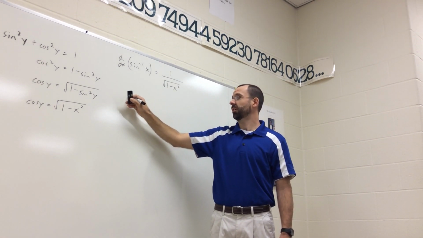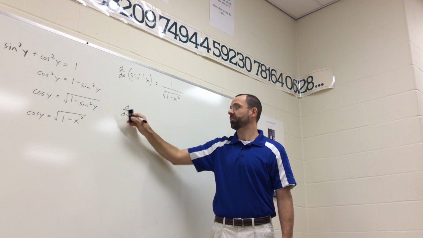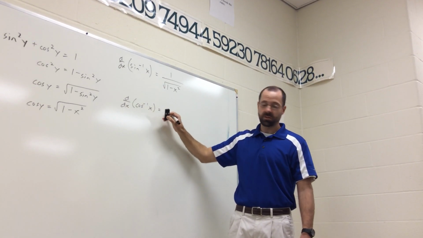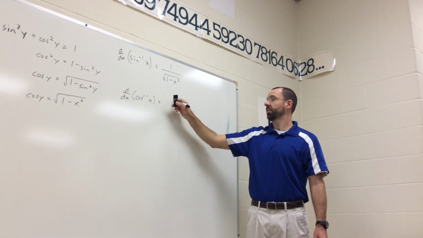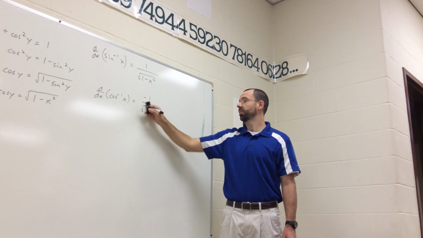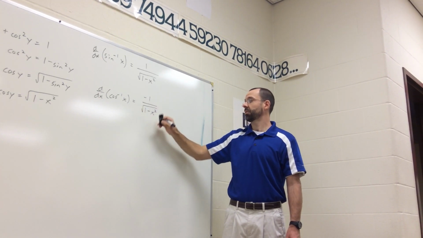And so then I'm also going to tell you what the derivative of inverse cosine is. Derivative of inverse cosine is negative 1 over the square root of 1 minus x squared.